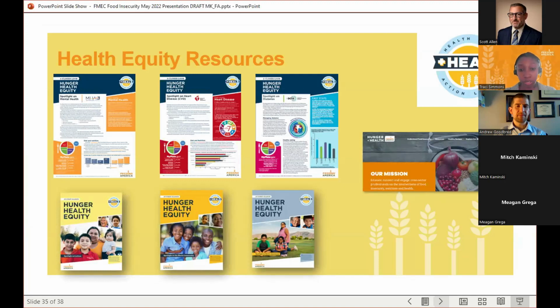We want to shorten the line, and as a way to do that, we know that we have to, again, address the structural and social determinants. And so we're really beginning to embed equity within our framing as a way for us to understand the role that food banks can play in addressing social determinants and structural determinants of health in a way that's going to ensure the people that we're serving are better off in the long term.